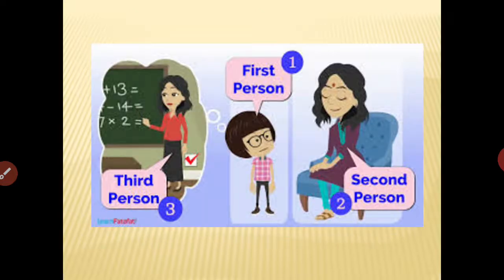Let's see an example. Here you can see the first person, second person and the third person. The first person is the child speaking to his mother. Mother is the second person, and they both are speaking about the third person, that is the teacher, and the teacher is not physically present there.